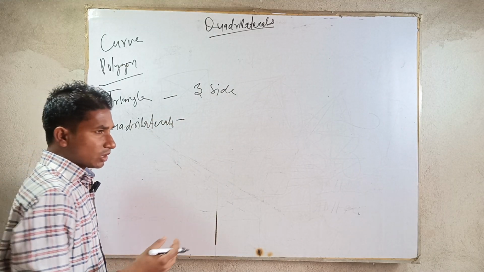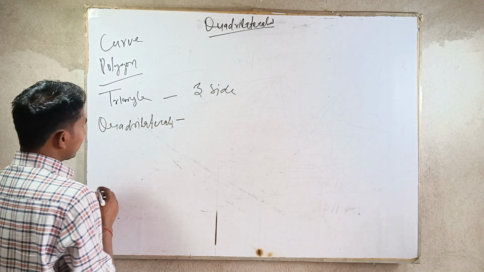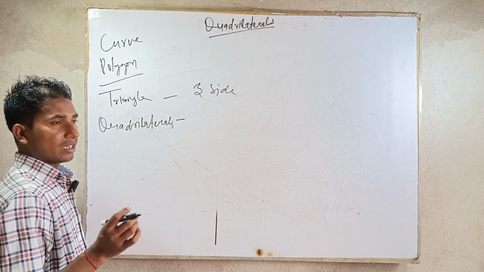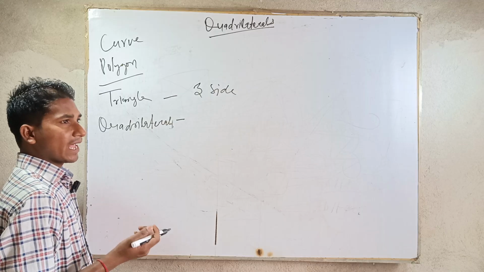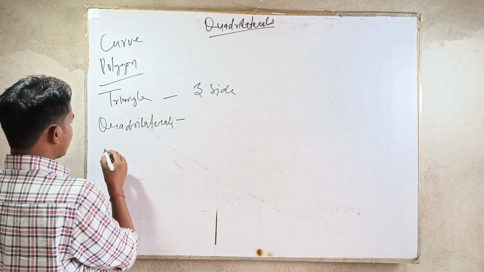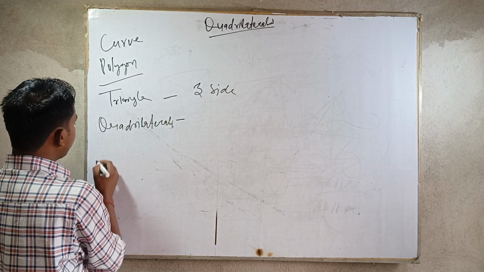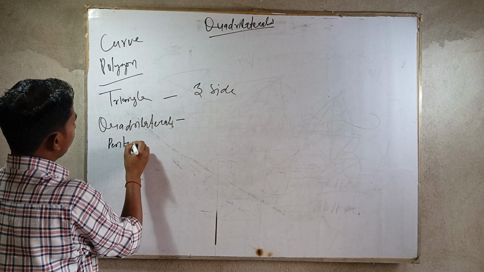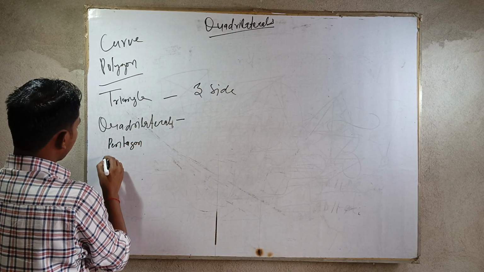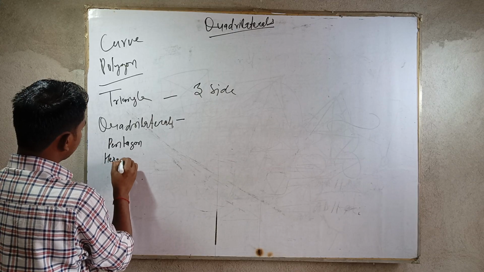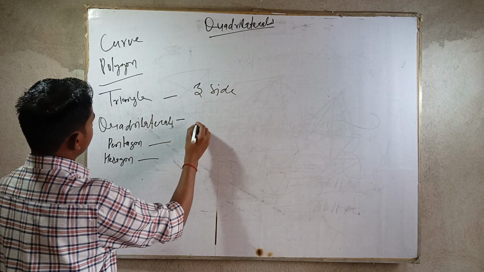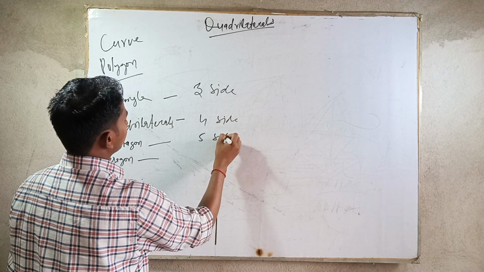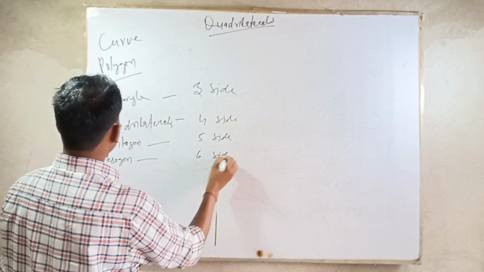In quadrilaterals, everything comes in, such as square, rectangle, trapezium, rhombus, kite, and parallelogram. Next is the pentagon, which has five sides, and the hexagon, which has six sides.